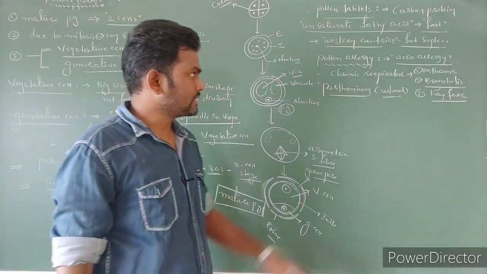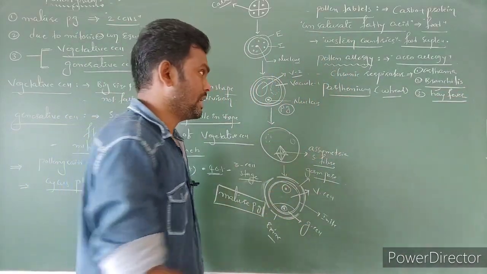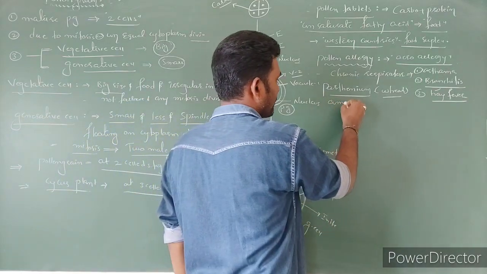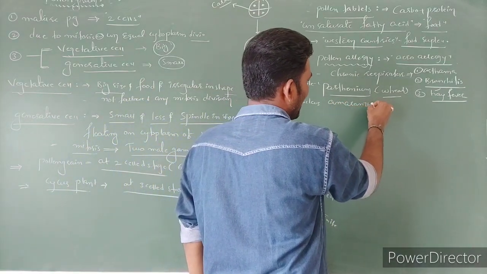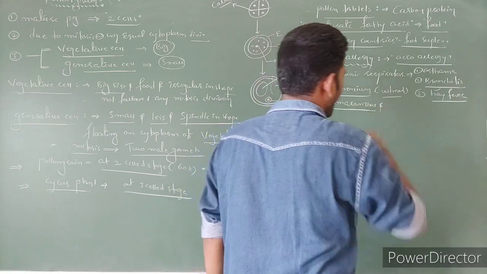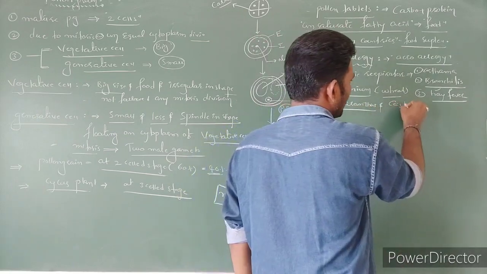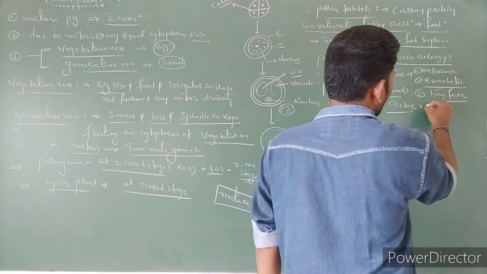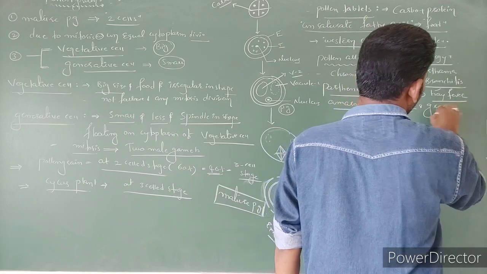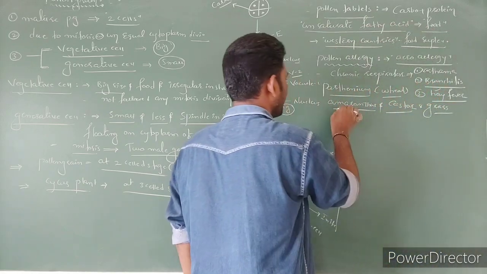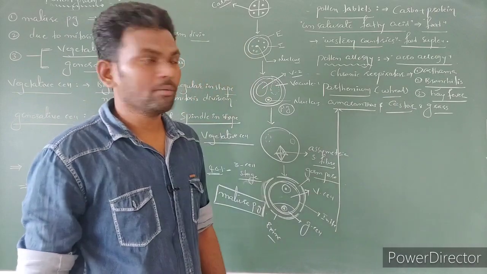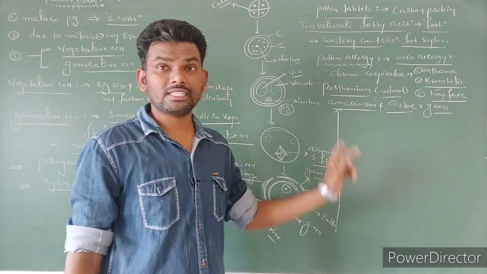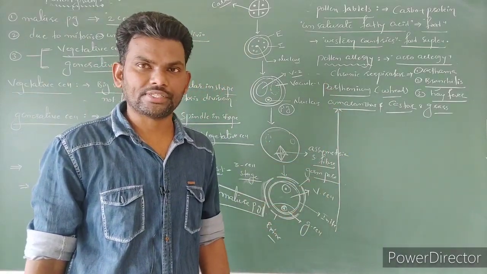Pollen grains of Parthenium, Amaranthus, castor, and most grass plants also cause pollen allergy. It is a disadvantage of pollen grains.